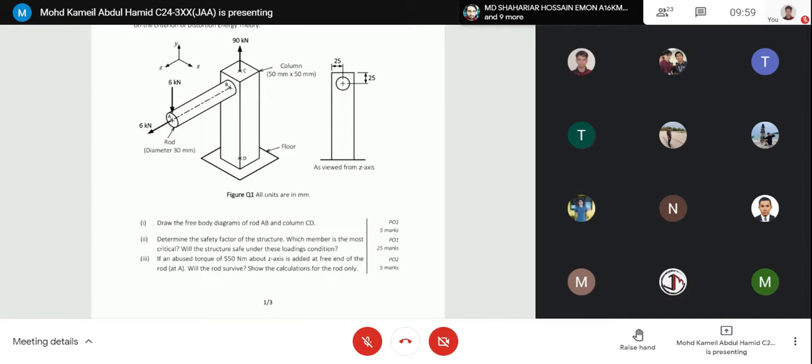Fairul ada Fairul? Fairul Izwan? Ada doktor. Fairul okey tak? Okey. Aminuddin? Ada tak Aminuddin?